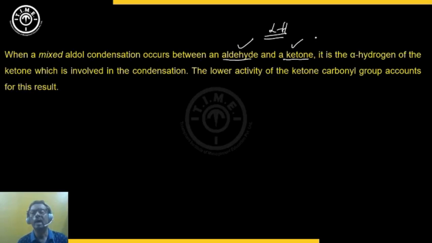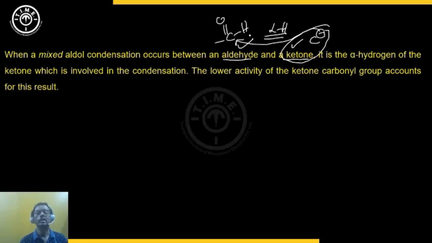So we make the carbanion on the ketone and hit the carbonyl of aldehyde. Right? So the product that you get is mostly from this reaction. A C minus from a ketone hitting a CHO of an aldehyde. So aldehyde will provide the carbonyl carbon and ketone will provide the carbanion.